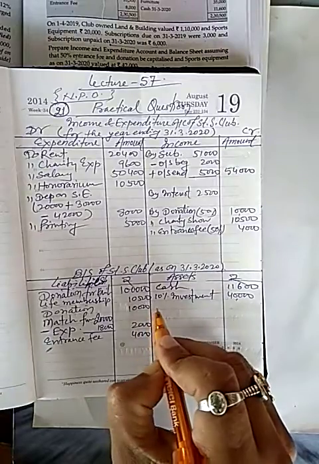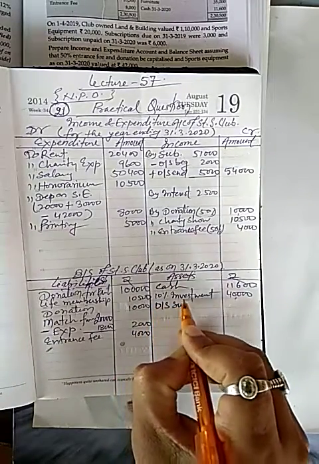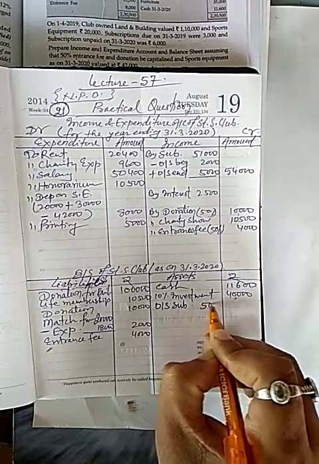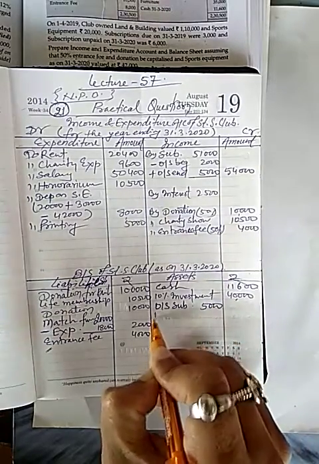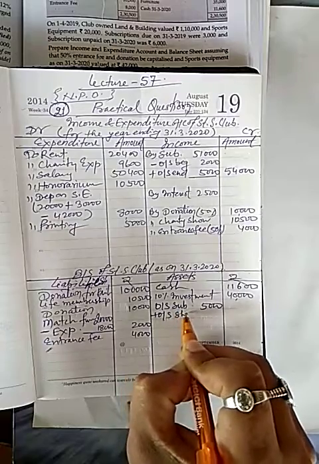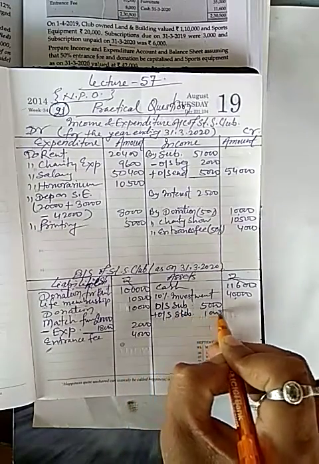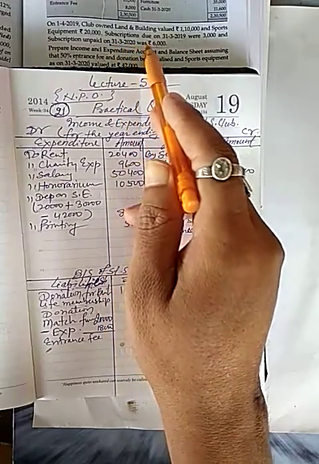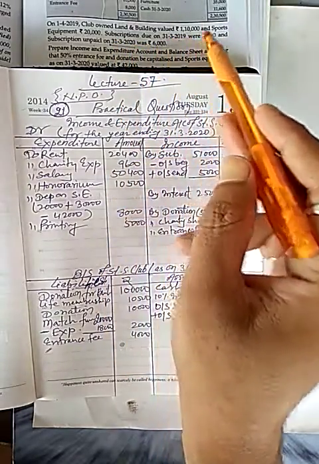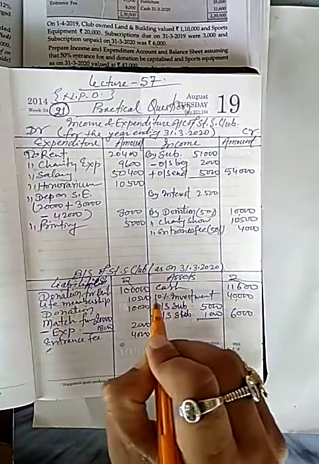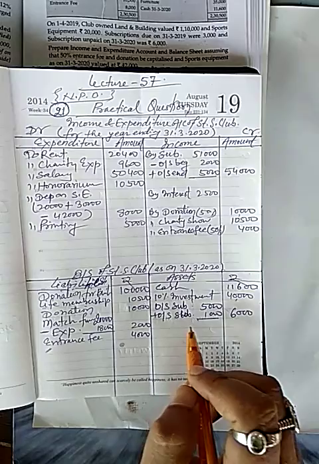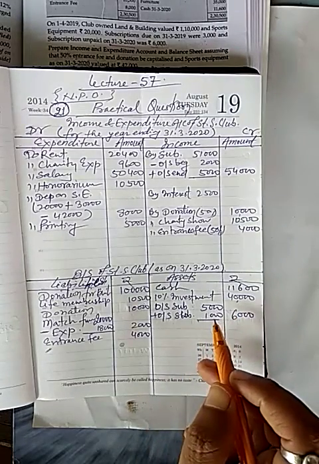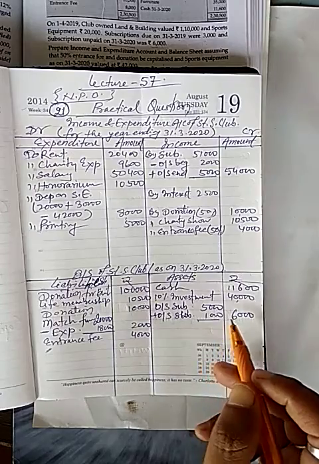So now according to the adjustment, outstanding subscription for 2020 will be 5,000 plus outstanding subscription still in arrear 1,000, so total will be 6,000. And on 31st March 2020 it was given 6,000. Now 10% investment means interest will accrue at 10%.